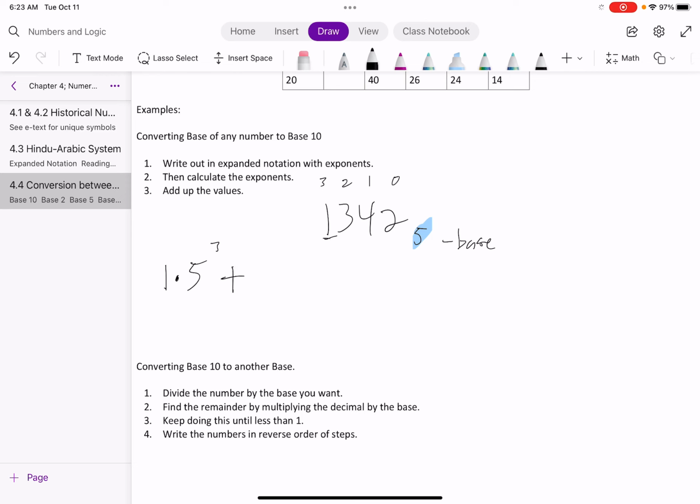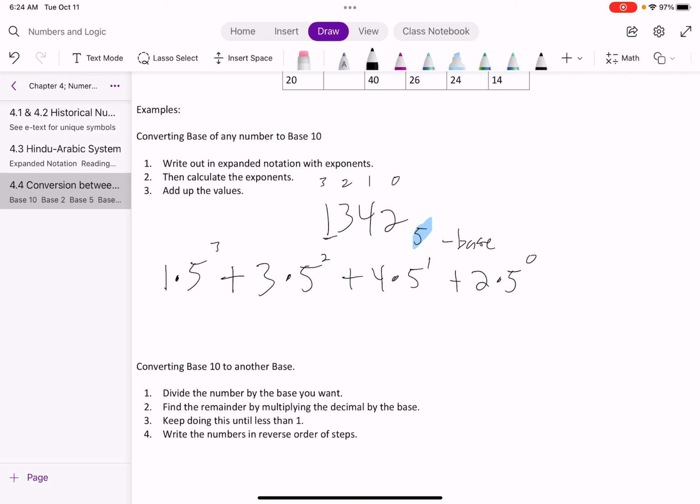And we use the next number, 3 times, and again, 5, because that's our base. And then it says in the second spot, plus 4 times 5 in the first spot, plus 2 times 5 in the 0 spot. So now I have out my exponents. So there's step 1. Right?